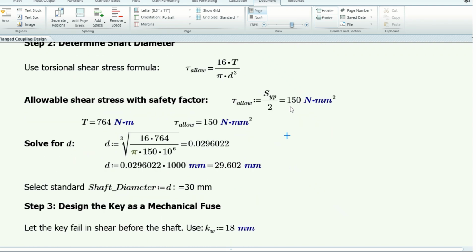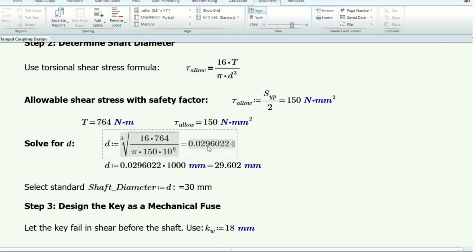Now if you rearrange this formula, D is the cube root of 16 times T, 16 times 764 Newton meter divided by pi times the tau allowed 150 Newton per mm squared. I have converted this Newton per mm squared into meter squared, so I have multiplied 150 times 10 to the power 6.